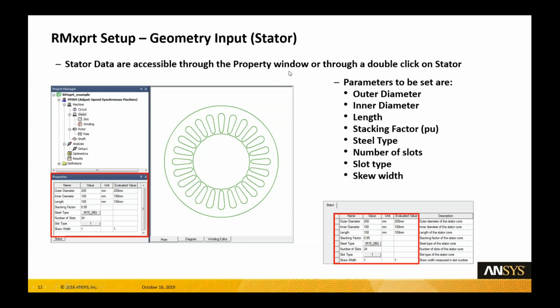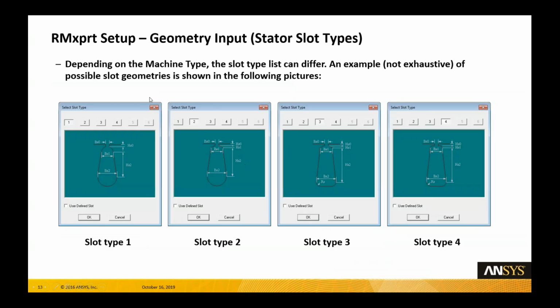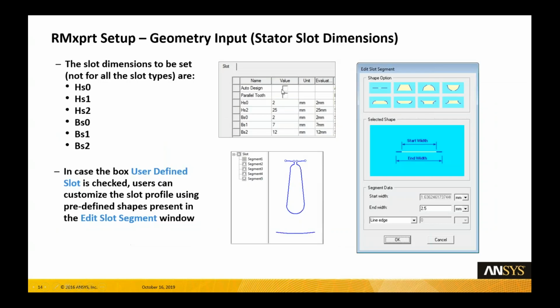Stator data are accessible as well. From this project tree we can see there's circuit, there's stator, and there's rotor and shaft. For the stator, as you can see, there are different slot types available. You can also do a user-defined slot.